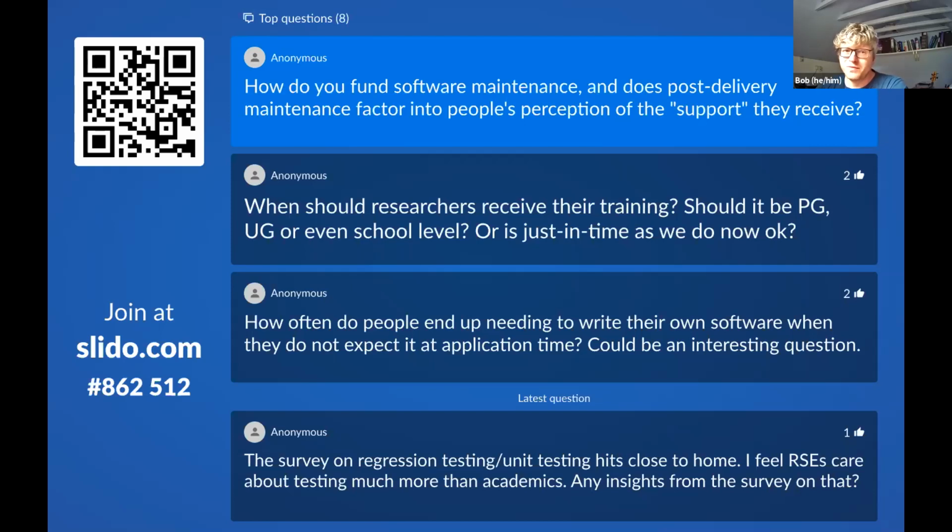We're only beginning, I think, as researchers and research software engineers to come up with solutions for this. And you may be absolutely correct that those responses are an expression of researchers' frustrations.